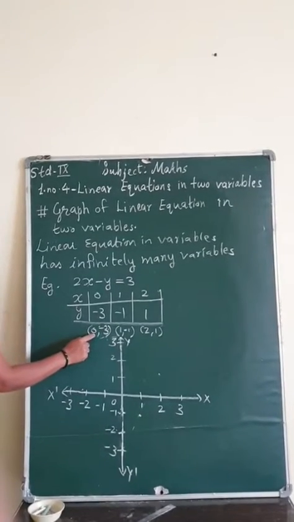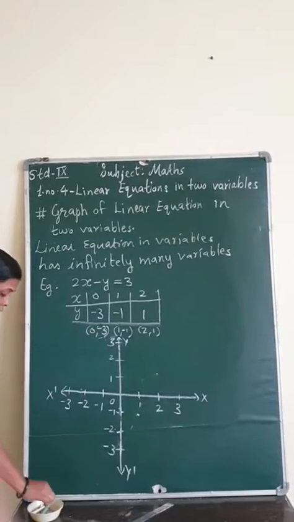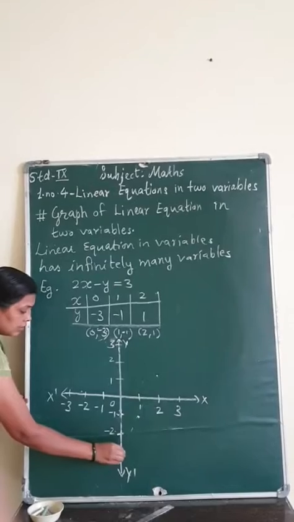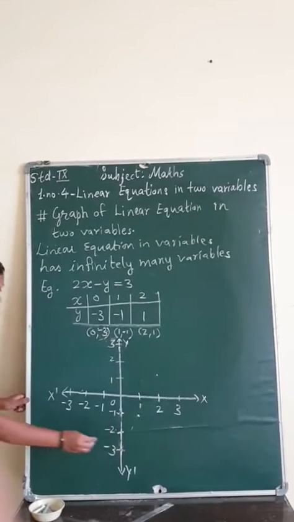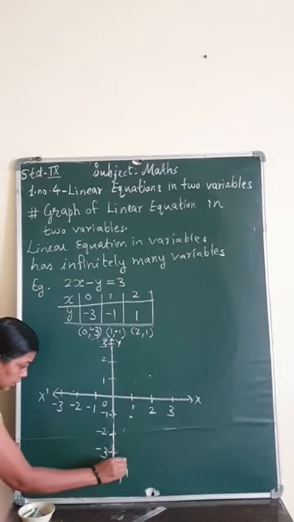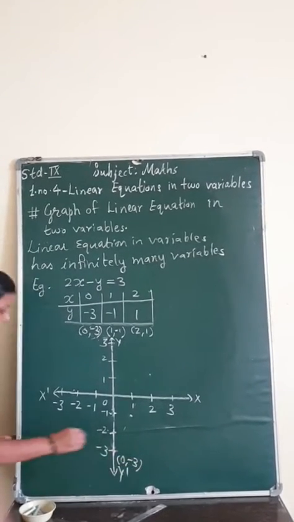The first point has coordinates (0, minus 3). As the x coordinate is 0, the point will be on the y-axis. So this is our point (0, minus 3). I am writing the coordinates here.